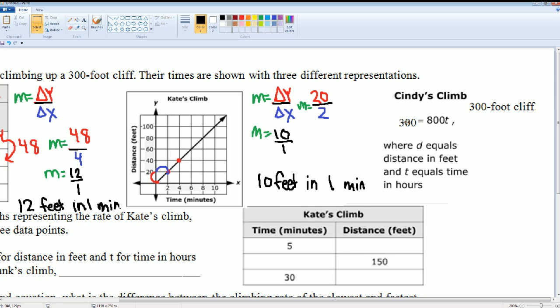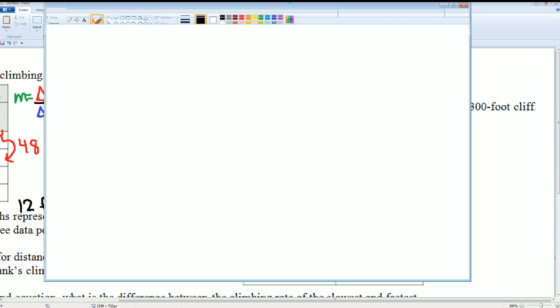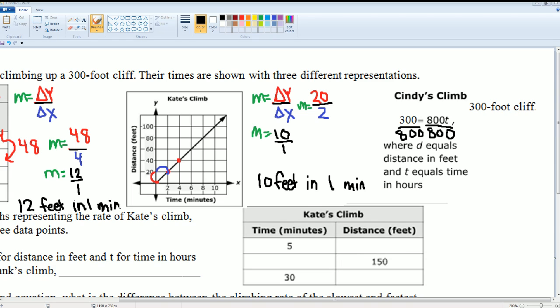We can divide by 800 and see if that gets us our answer. It's just weird. Give me a second.